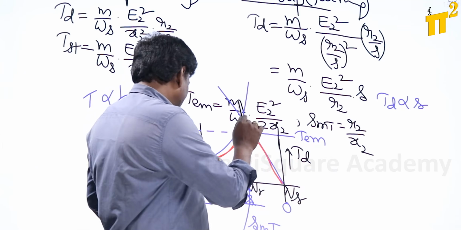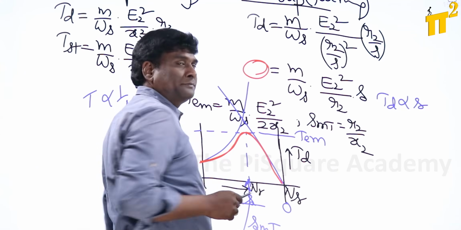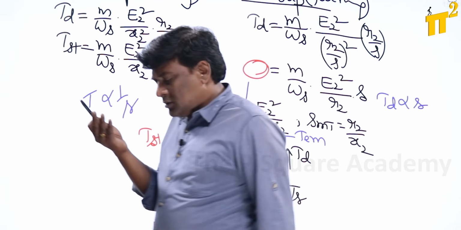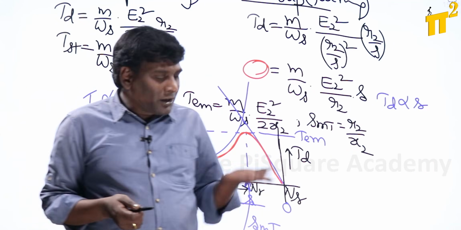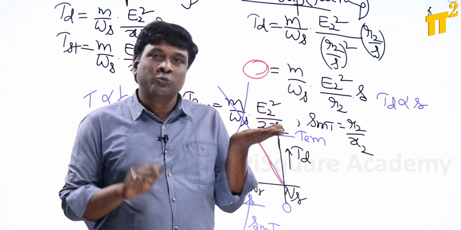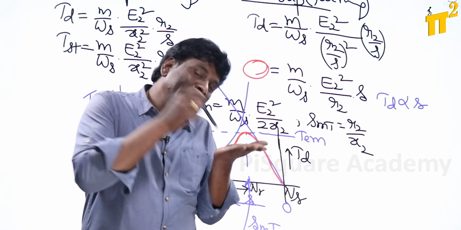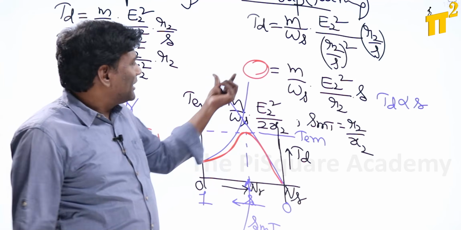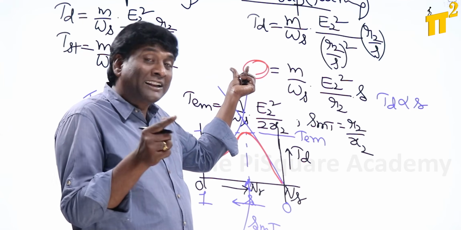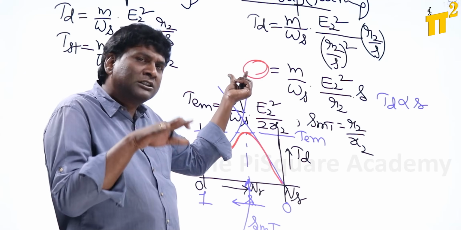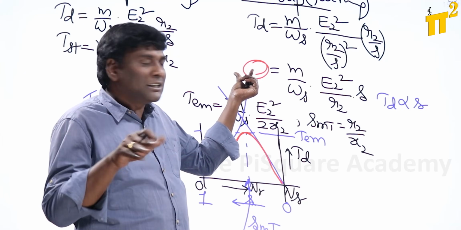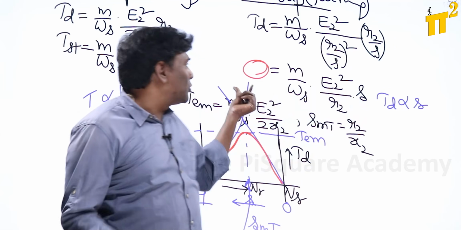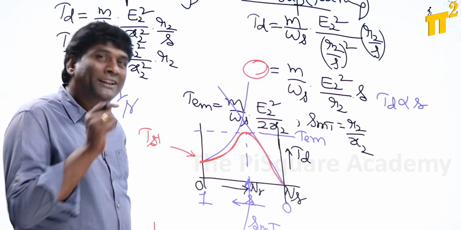Because when the developed torque by the motor equals the torque requirement of the load, say the load requires 150 Newton meters, in order to meet 150 Newton meters, your machine has to adjust itself. When the torque requirement is constant, if rotor resistance is doubled, slip also will be doubled in order to meet the same load torque requirement. That should be the analysis.